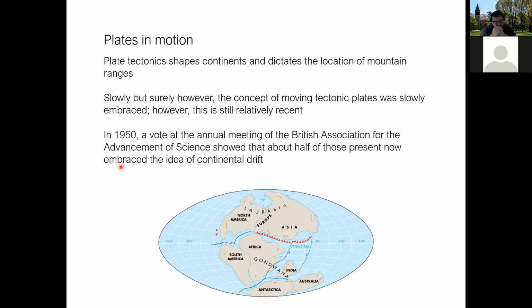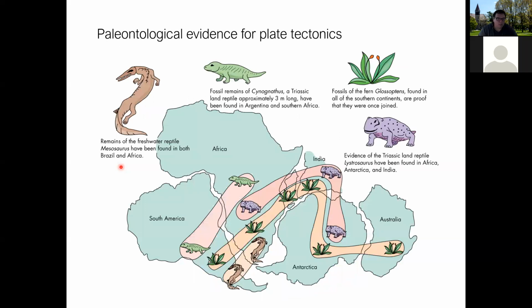It was land bridges or some more complicated thing. So, for perspective, it's only been 70 years since a majority of people started to get behind the idea of plate tectonics, and it was probably as recently as the late 1960s, 1970s, before it was a well accepted theory.